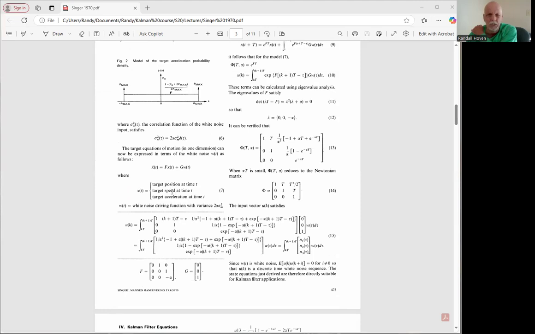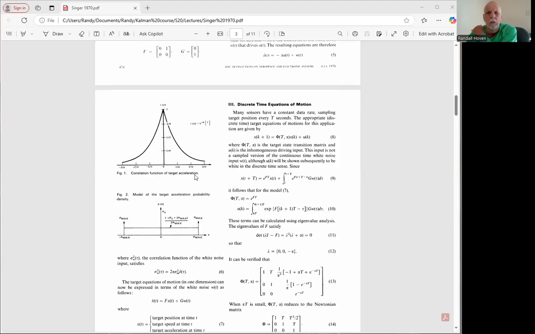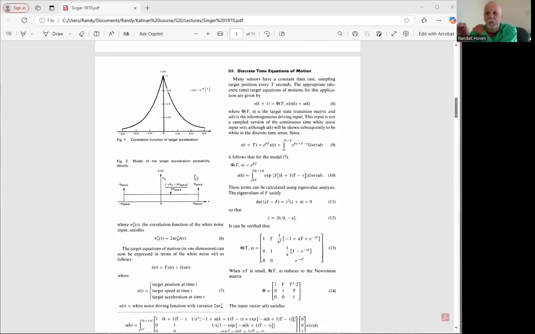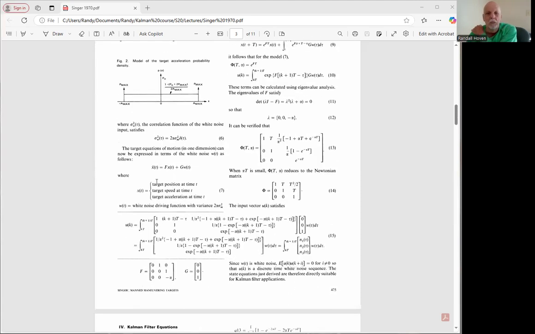So now we have a 3-state little process with position, velocity, and acceleration. I'm just trying to show that you've seen a lot of stuff in this paper. So there we have what it is in continuous time.